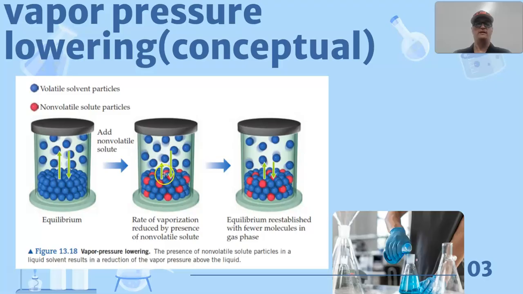So if they're going to be higher, what this does is the equilibrium between vaporizing and condensing gets disrupted. Vaporizing goes down, right? You get less vaporizing, but the condensation is still happening until they become equal.